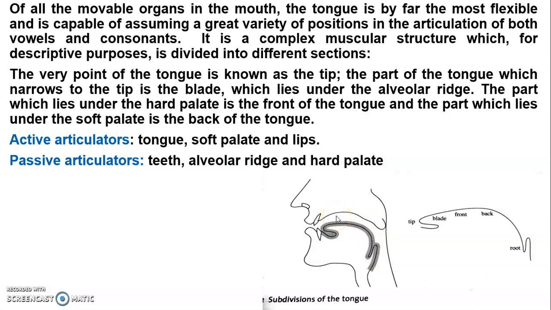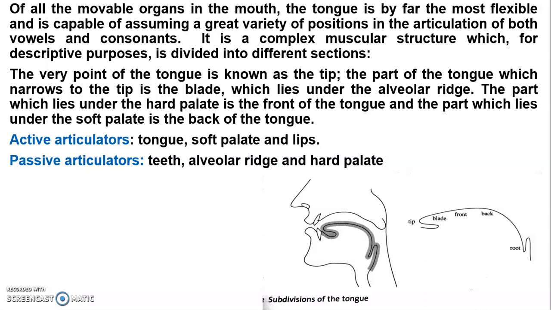Now, we can distinguish between active articulators and passive articulators. We say that the articulators are active when they can move, when they are capable of movement. For example, the tongue, you can move your tongue up and down, backwards and forwards. Try doing it.